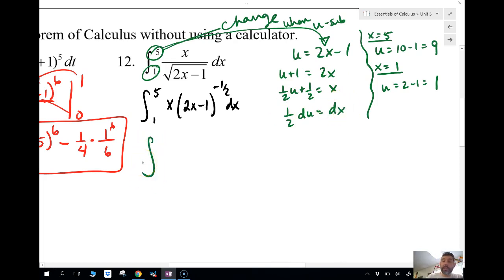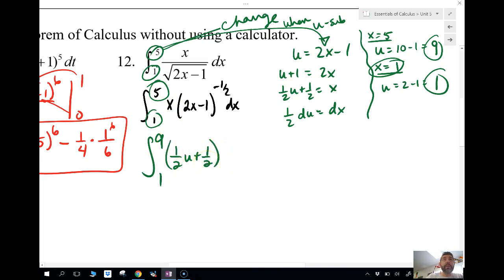Make my substitution. Now, what substitutes? Instead of 1, I'm going to have 1. Well, that stays the same. Instead of 5, I'm going to have 9. Instead of x, I'm going to have 1/2 u plus 1/2. Instead of 2x minus 1, I'm going to have u to the negative 1/2.